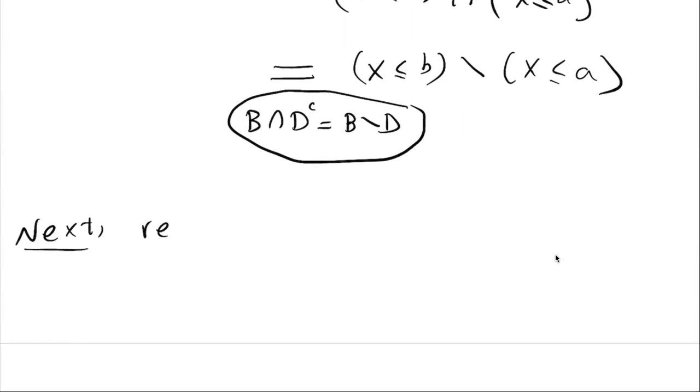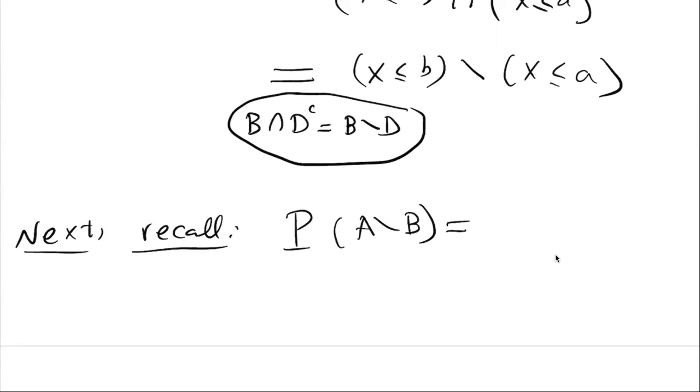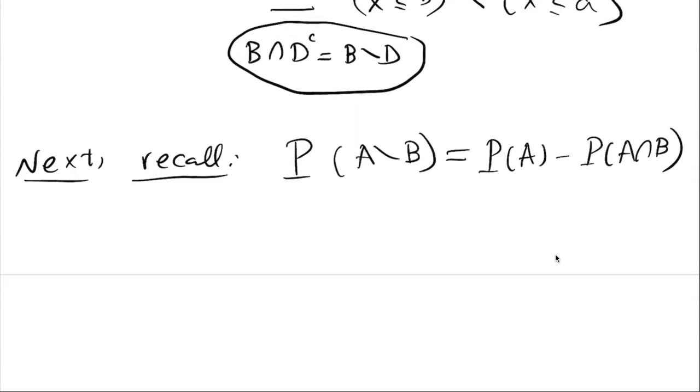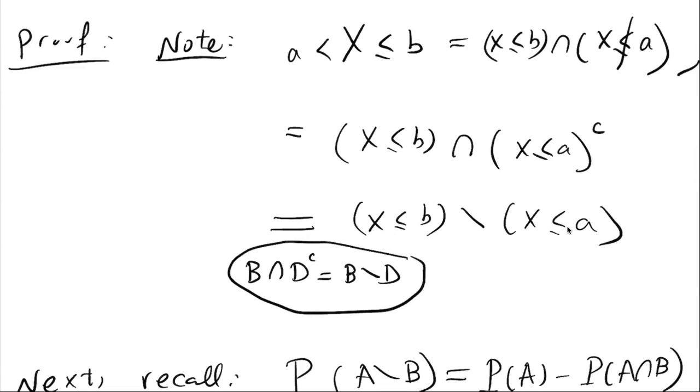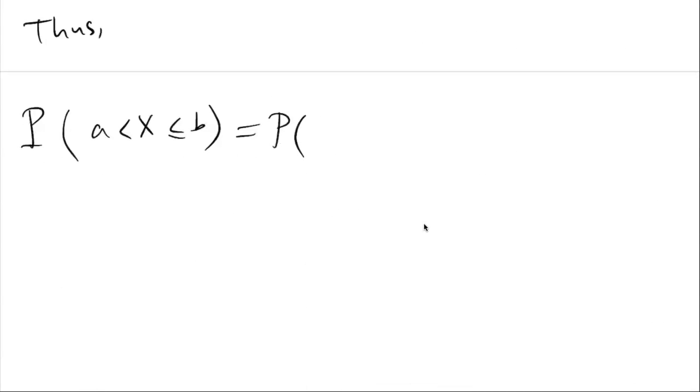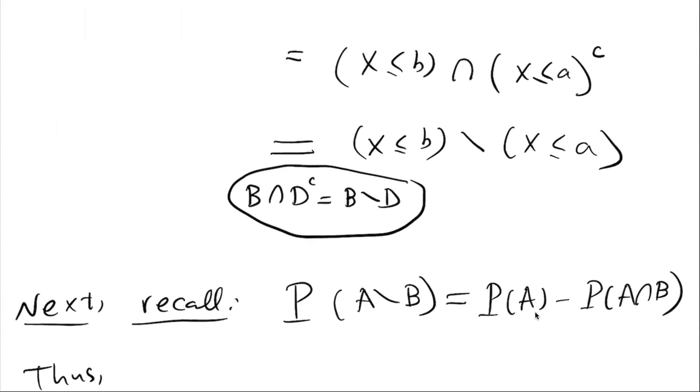Next, recall that probability of A minus B. In first chapter, we saw that probability that A minus B is same as probability of A minus probability A intersection B. Therefore, here we can say that probability that X is bigger than A, less than or equal to B. This is P of, we wrote it this way, so this is like my A minus B. So P of A, that means P of X less than or equal to B, minus P of intersection.